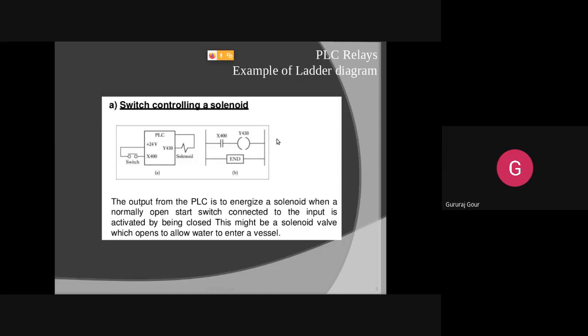So this is how guys you need to explain each of these examples for the PLC relays using ladder diagram. First part, you have to explain how you are going to draw the ladder diagram for the corresponding application. Then next, you have to elaborate its normal operation of the PLC using this ladder diagram.